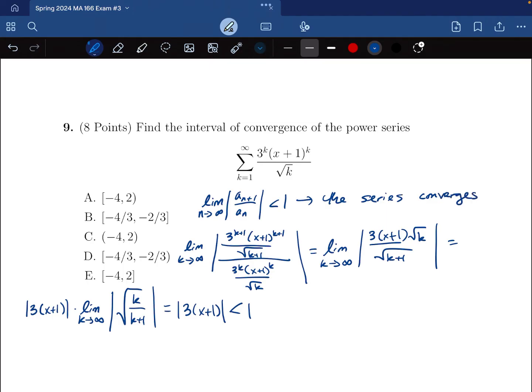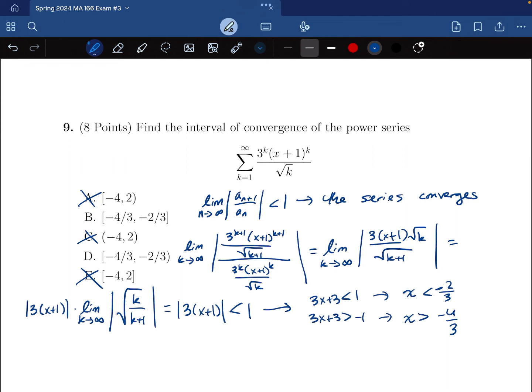Okay, so now if I solve for this, I get 3x plus 3 is less than 1, and 3x plus 3 is greater than negative 1, which gives me x is less than negative 2/3, and x is greater than negative 4/3. Which means that A is not the correct answer, C is not the correct answer, and E is not the correct answer.